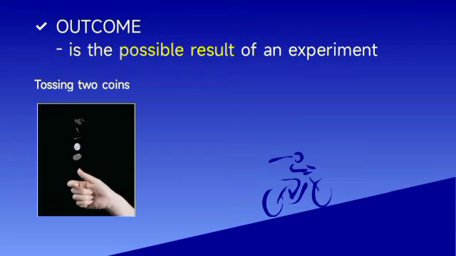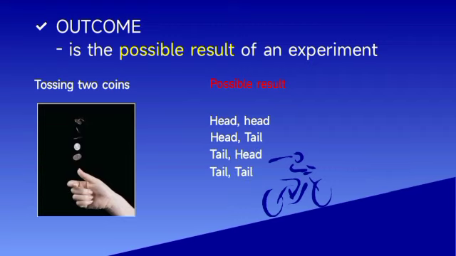The possible results of tossing two coins could be head head, head tail, tail head, and then tail tail. So these are the possible results when we are tossing two coins, and the possible result is called outcome.